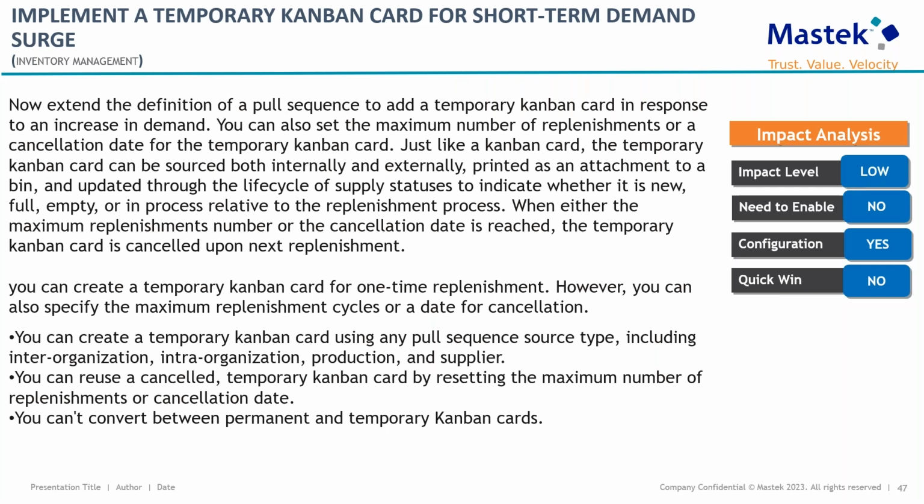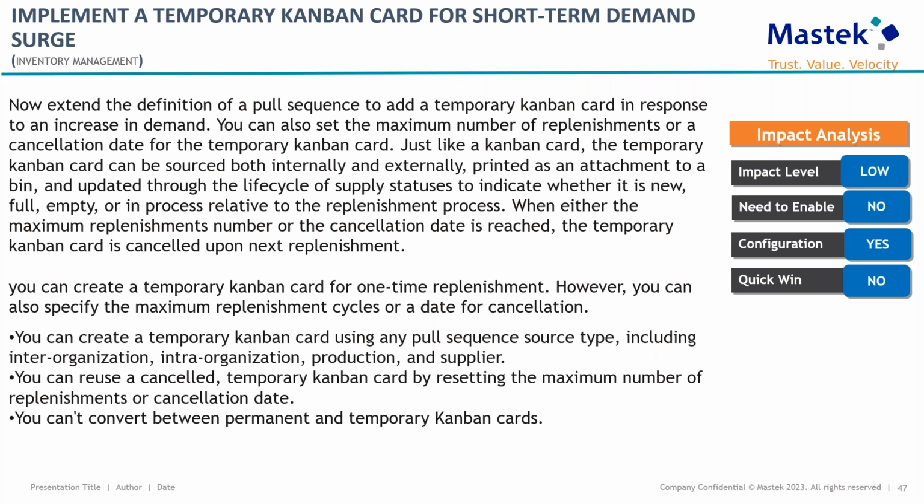implement a temporary Kanban card for short-term use. For short-term demand, actually. With Oracle 25B, Oracle introduces temporary Kanban cards to handle short-term or unexpected demand spikes, like for prototyping or urgent projects.